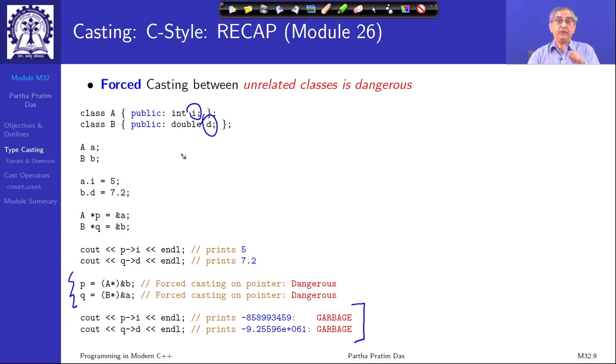So, when I cast the pointer of the type of one class into the pointer of the type of the other class, then I am actually interpreting an int and trying to print it as a double or otherwise. So, I get all sorts of garbage values. This kind of thing will have to be avoided, and in C++ we will try to build mechanisms in casting for anything that might lead to a runtime error, so that it does not wait up to the runtime error.